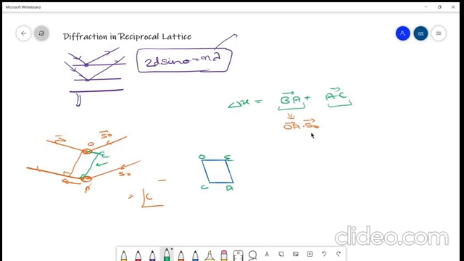So this is nothing but an incoming S0 which is going like this, S. Similarly, incoming S0, it is going like this, S. So this AC vector is nothing but this vector. You'll agree on this part.